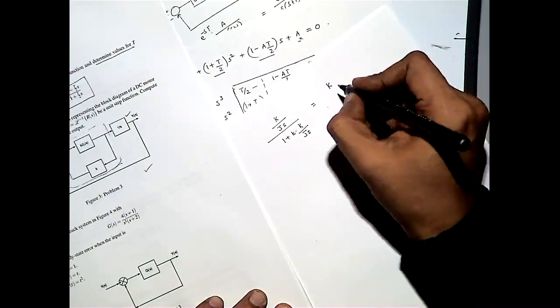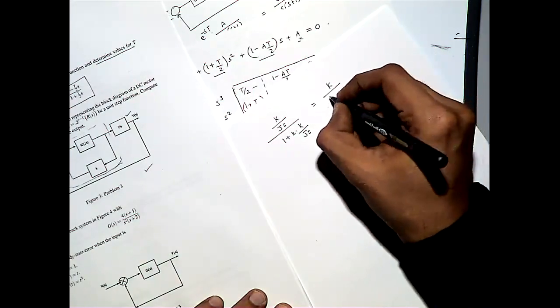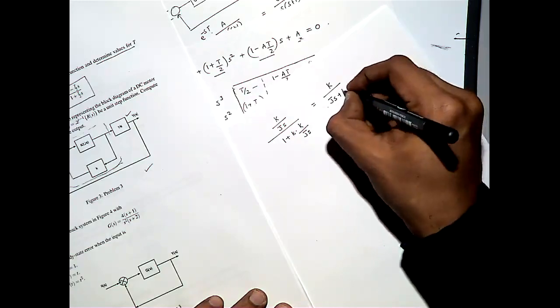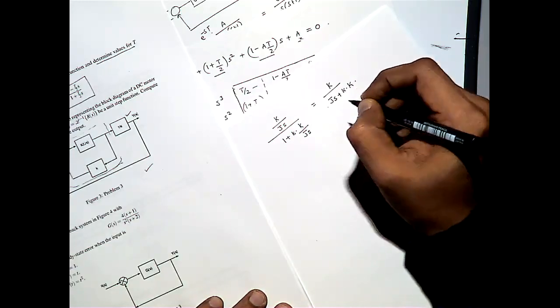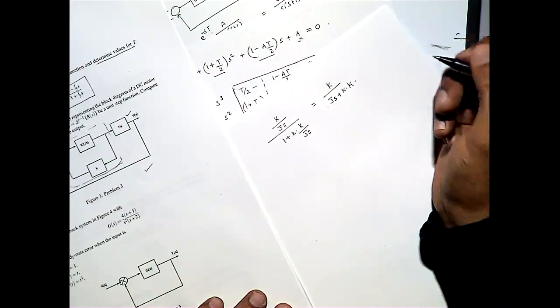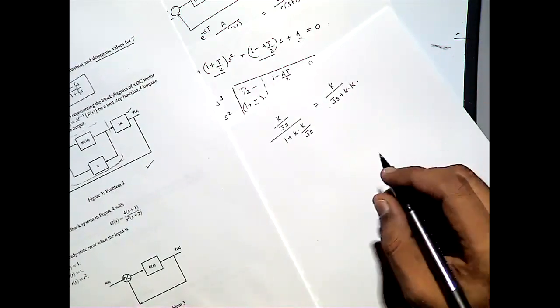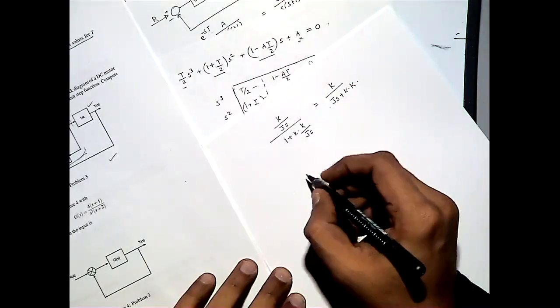So that is the equivalent transfer function model of the internal closed loop, which I can write as capital K divided by Js plus small k times capital K. Okay. Now what we have is to find out the equivalent transfer function of the system.